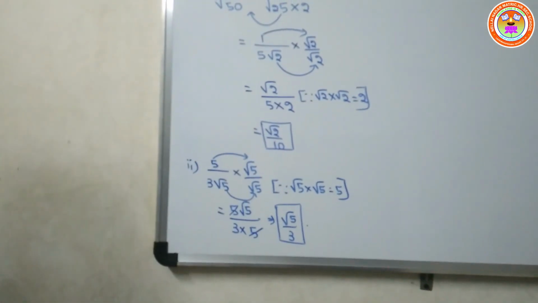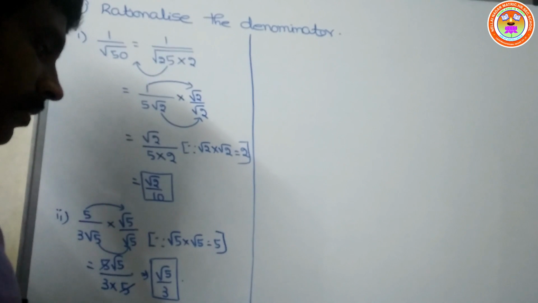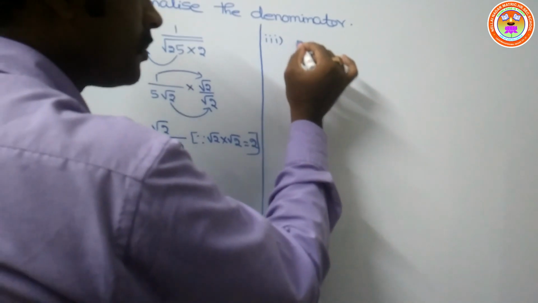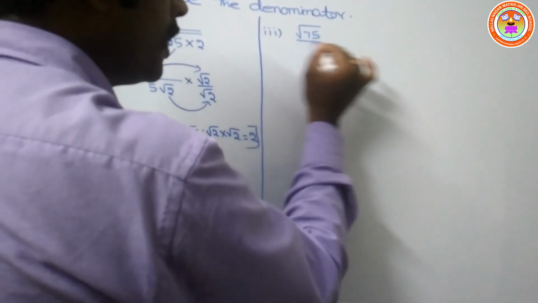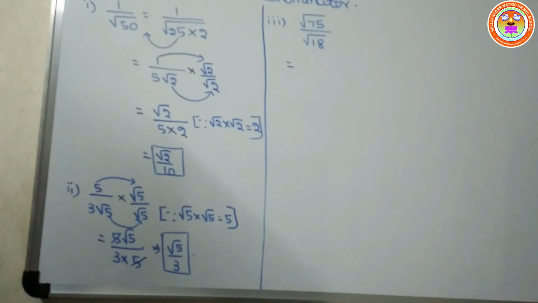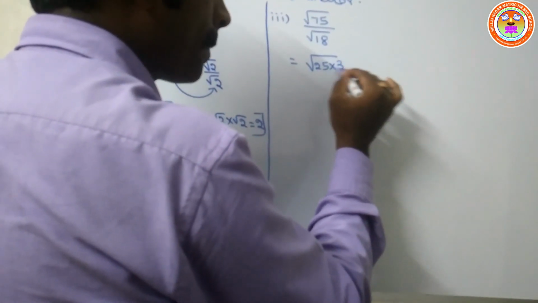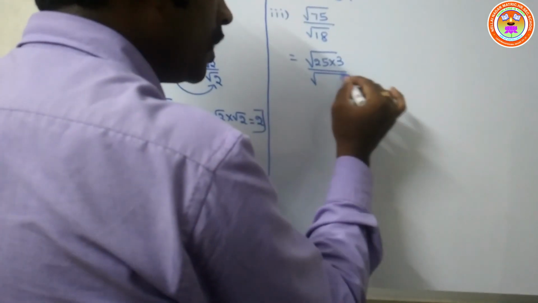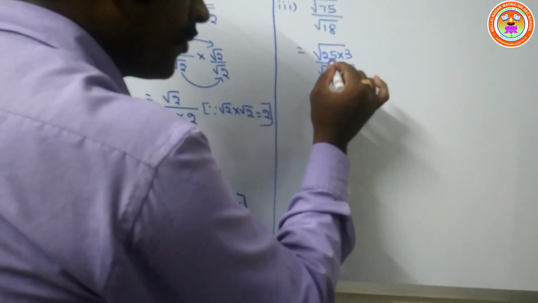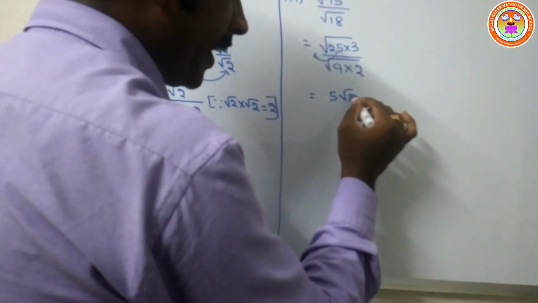Third sum. Square root of 75 by square root of 18. 75 is split into 25 into 3, 18 is split into 9 into 2. Square root of 25 is 5, balance root 3.